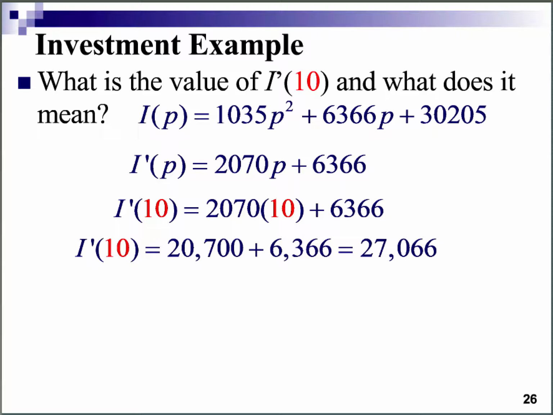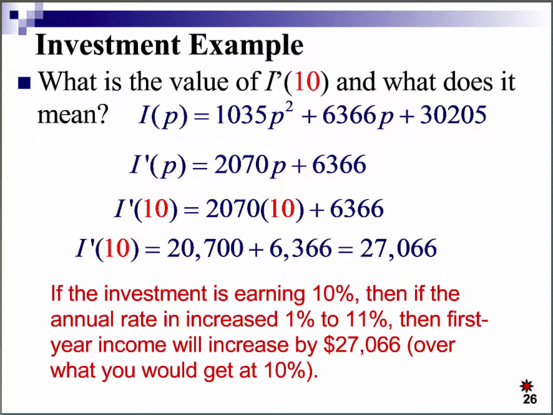It's really important that we pay attention to not only the units, but how we interpret what this number actually means. So this tells us the following. If the investment is earning 10%, then if we can increase the annual rate by 1% to 11%, then our first year income, as a result, will increase by $27,066 per year over what we would get if we had stayed at 10%.